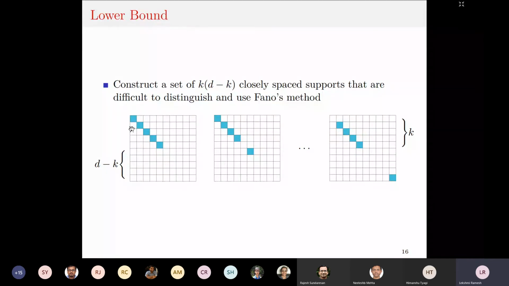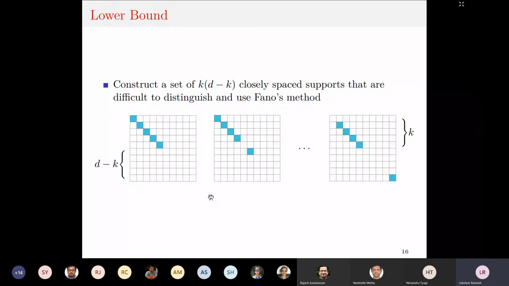The idea is to construct a set of covariance matrices that are close to each other, so that any estimator would require at least some number of samples to distinguish them. That is like setting up an M-ary hypothesis testing problem and then using Fano's method to lower bound the error probability.